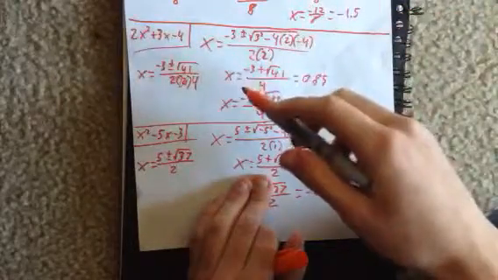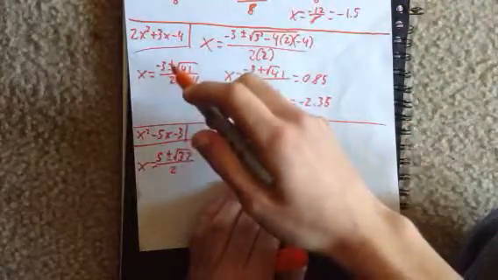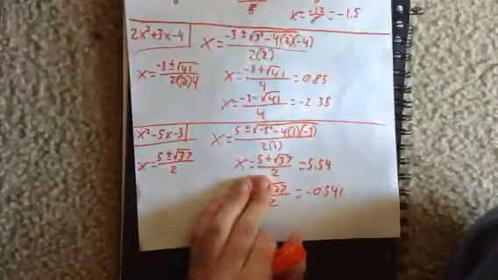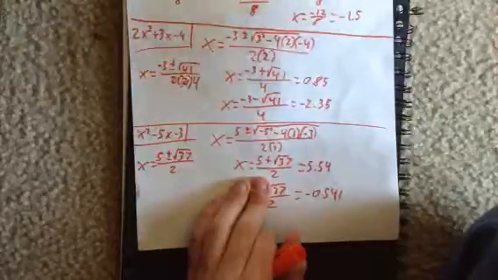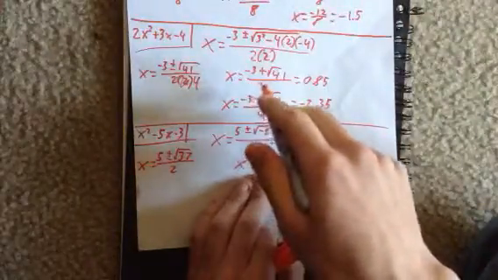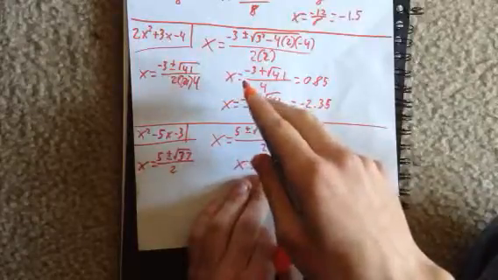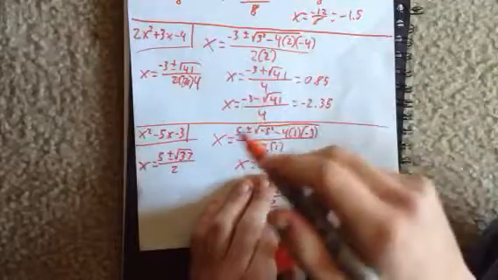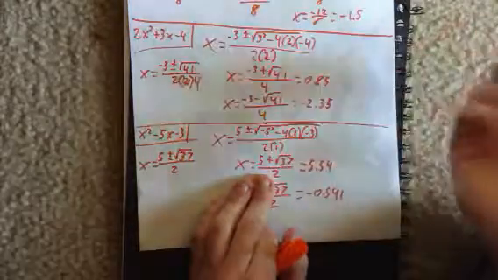So now we separate the plus and minus into separate equations, and we can figure out where this parabola crosses the x-axis. And this is the plus equation. X equals negative 3 plus square root of 41 divided by 4 equals 0.85.